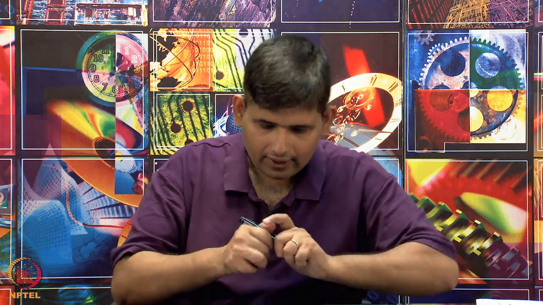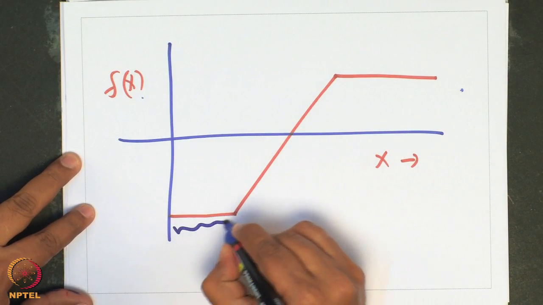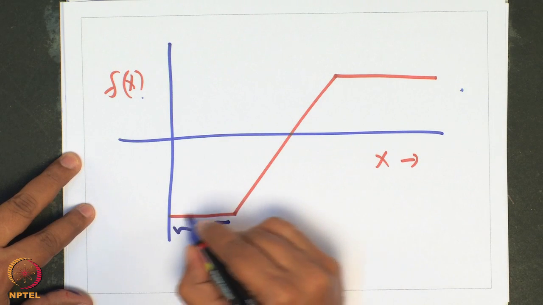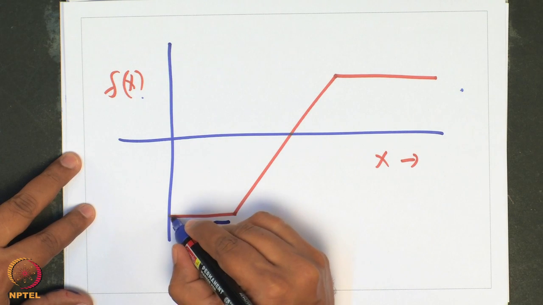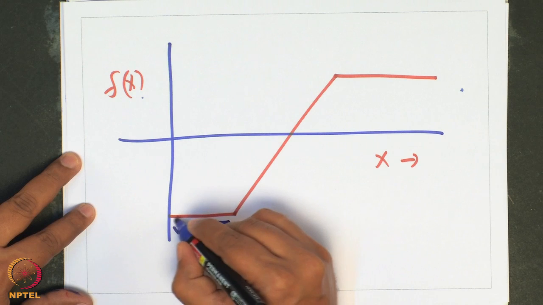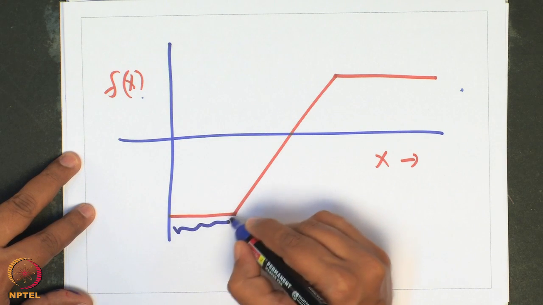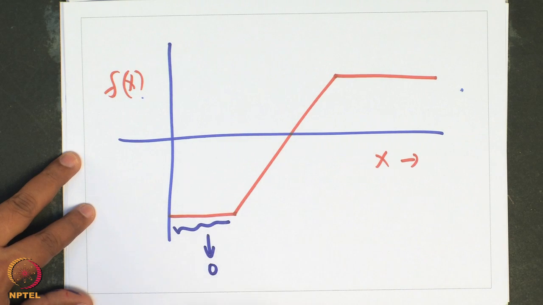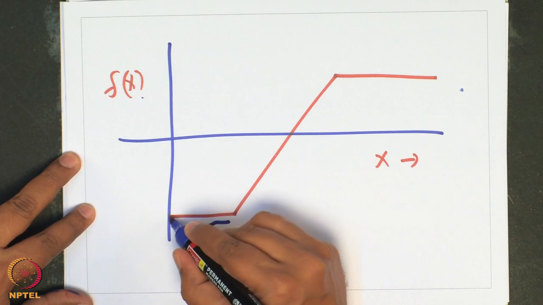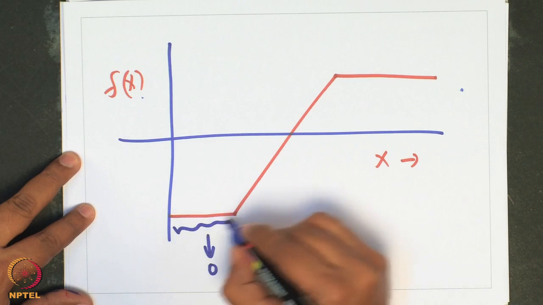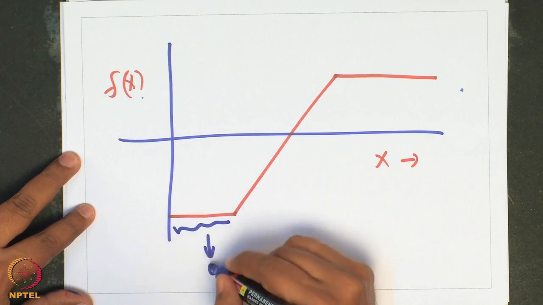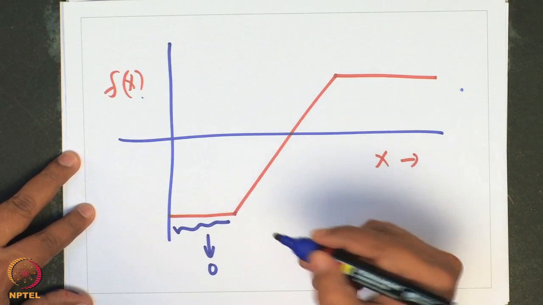Here the function is flat. The function is not changing for many values of x, so the derivative here will be 0. We know the derivative here will be 0 because the function is a constant.